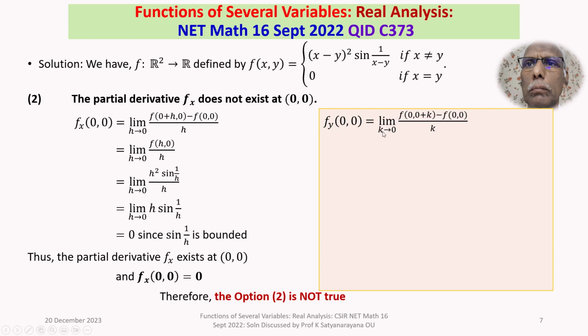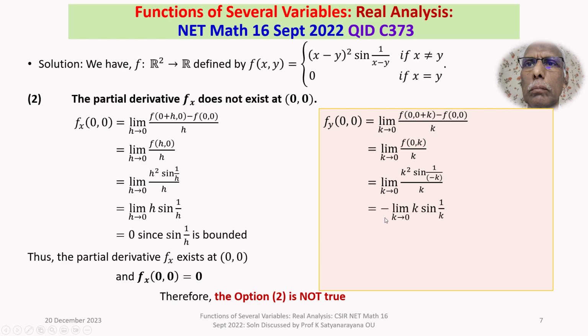That will be equal to limit k tends to 0 of f of (0, 0 plus k) minus f of (0, 0), divided by k, and that is equal to limit k tends to 0 of f of (0, k) by k. F of (0, k) is k square into sine of 1 by minus k. So limit k tends to 0 of k square into sine of 1 by minus k, divided by k.